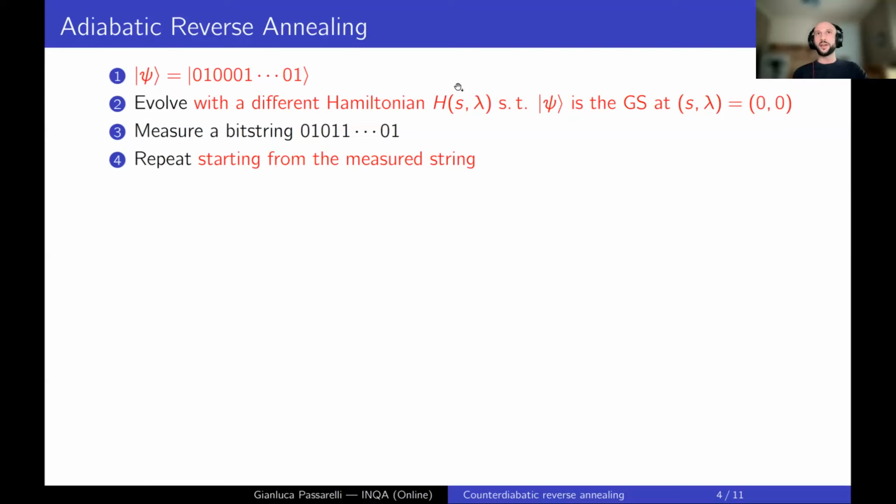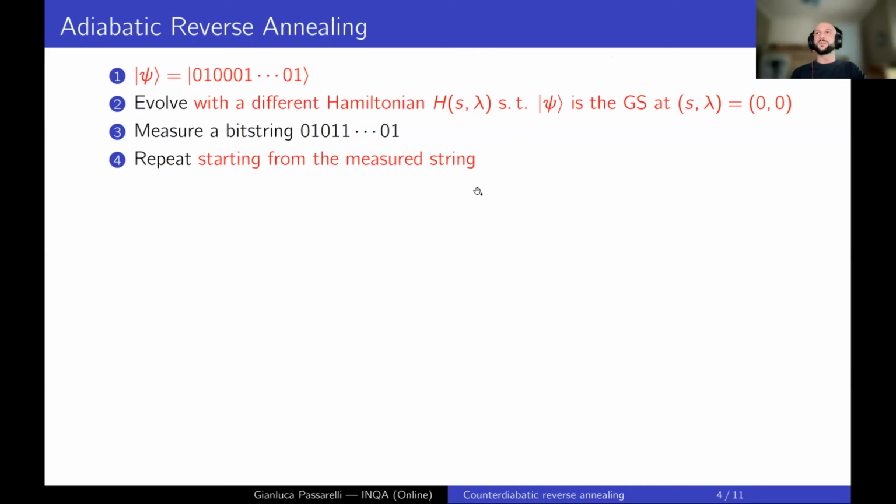So in order to do that, you have to include additional terms in the Hamiltonian that can enforce this starting classical condition. So you need an extra control field, this parameter lambda, and you want to engineer this Hamiltonian so that psi is the ground state at t equals 0, where both these parameters are equal to 0.